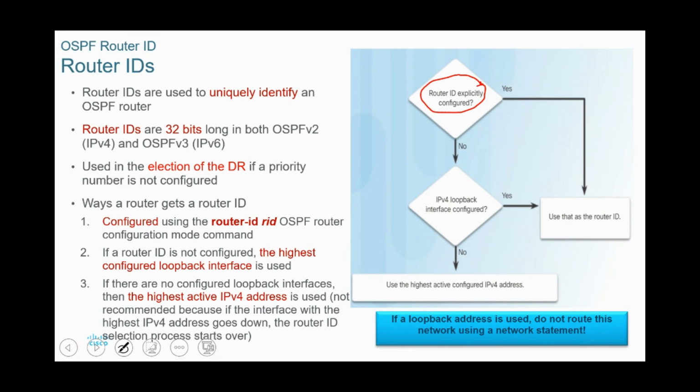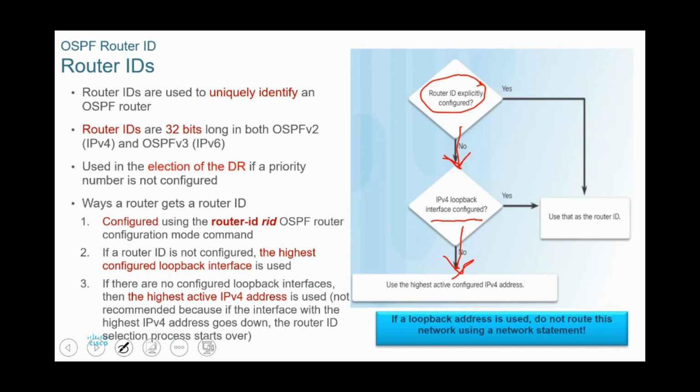But if you don't configure your router ID, the router is going to choose the configured IPv4 loopback interface. If you don't configure the loopback address either, the router is going to choose the highest active configured IPv4 address. Normally this one is not recommended, because if the interface with the highest IPv4 address goes down, the router ID selection process will start all over again.